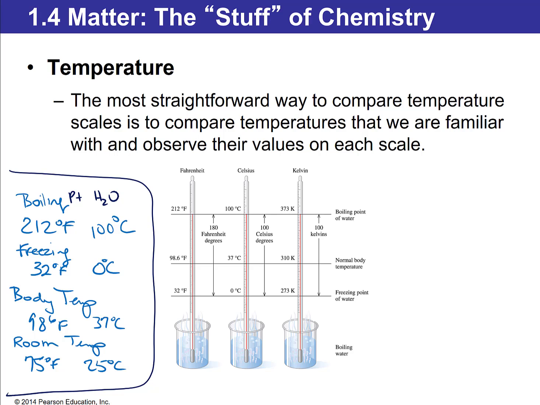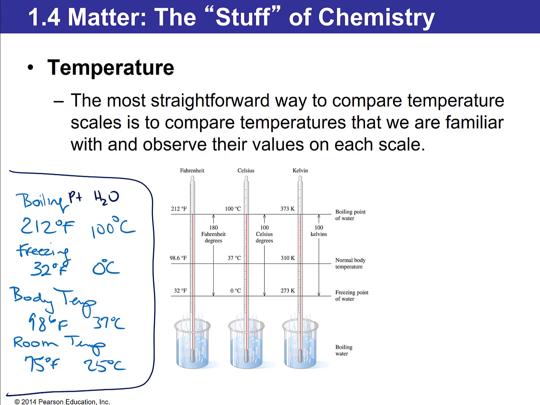Body temperature. So this is one that you will use very commonly. 98.6, that is normal body temperature. 37 degrees is normal body temperature in Celsius. So those are the two. And then the last one is room temperature.